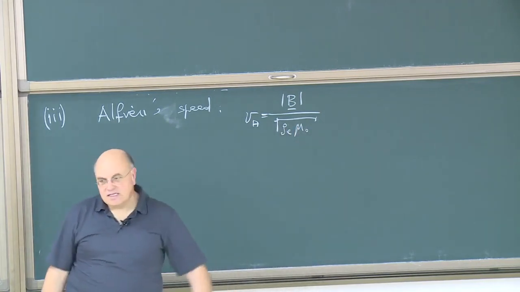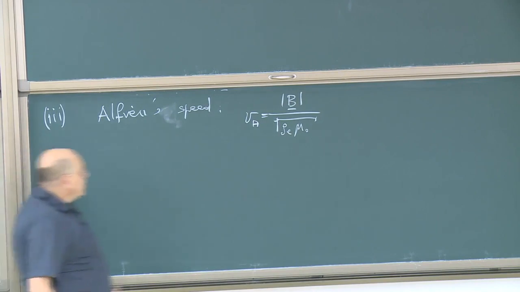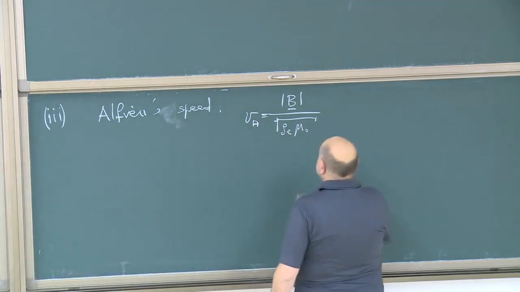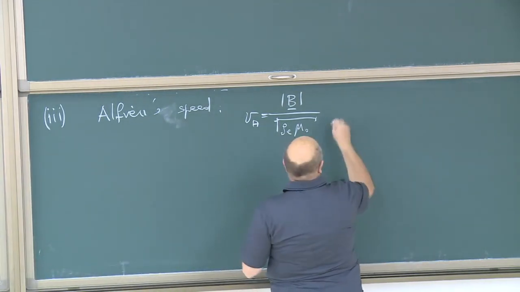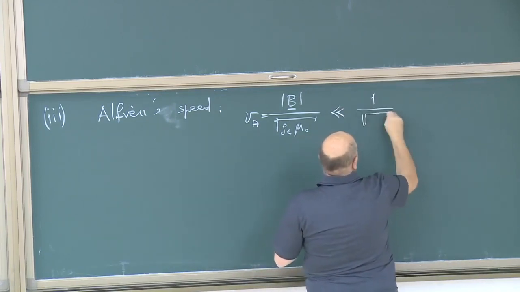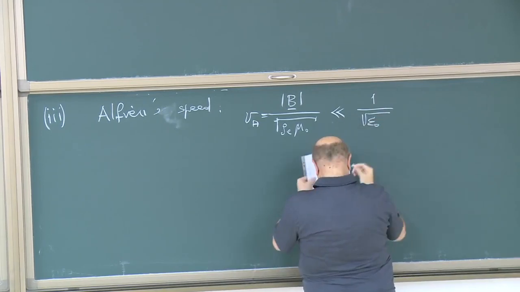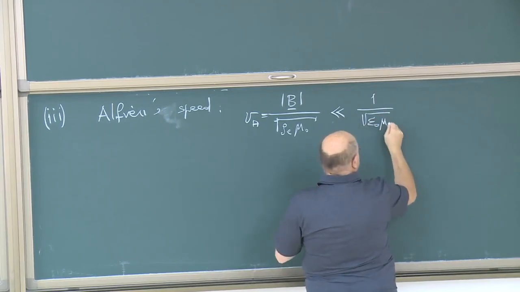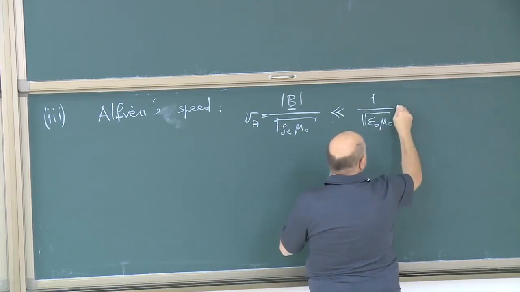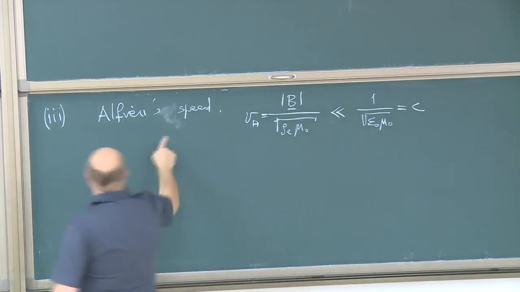Mu 0 is typically the magnetic permeability in free space. And so this V is assumed to be much smaller than the speed of light, c.